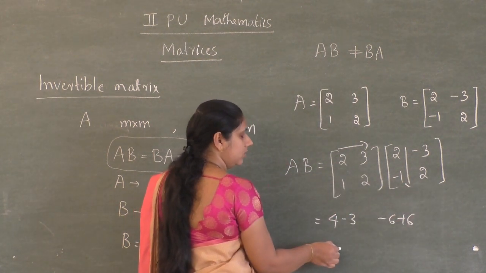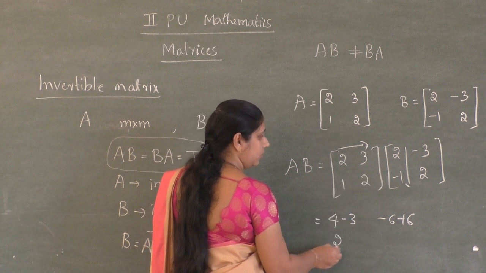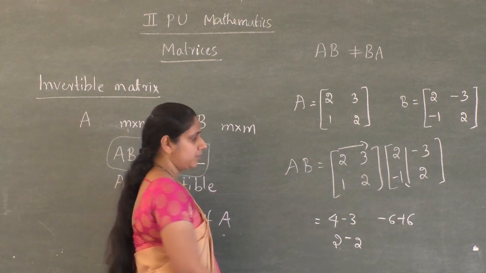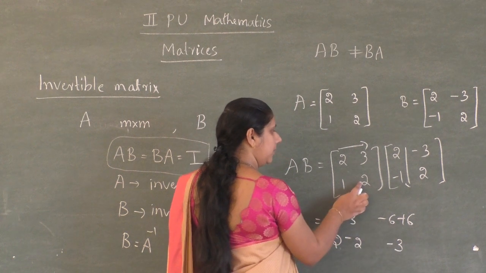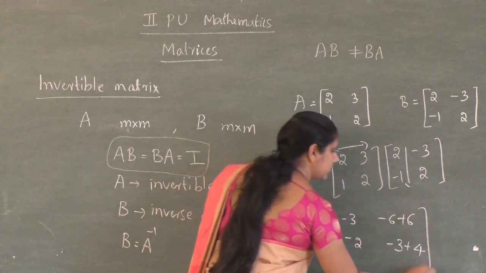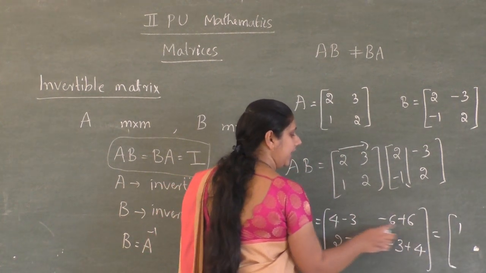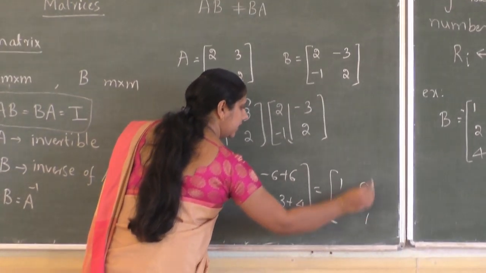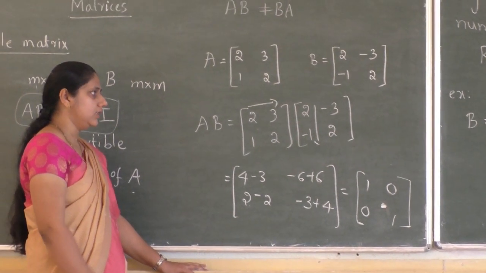Now second row, first column, 1 into 2, 2, plus 2 into minus 1, minus 2, 1 into minus 3, minus 3, plus 2 into 2, 4. So the matrix is 4 minus 3, 1, minus 6 plus 6, 0, 2 minus 2, 0, minus 3 plus 4 is 1. So this is the identity matrix.